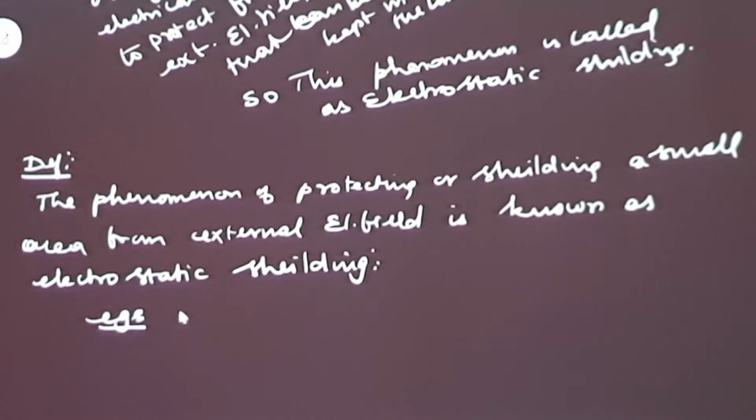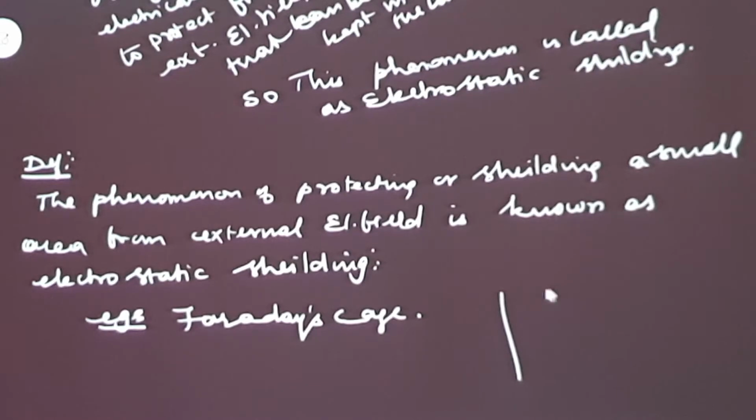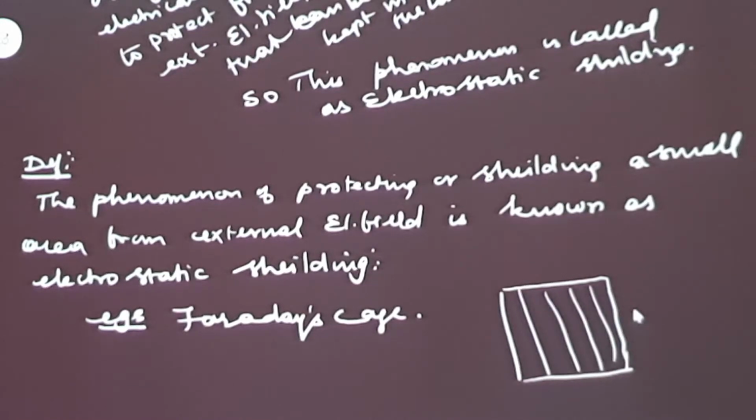We can say there are so many examples. One example is Faraday's cage. Faraday's cage can be used to demonstrate electrostatic shielding. Usually it is a box made up of metal bars, and a person or any instrument is placed inside.